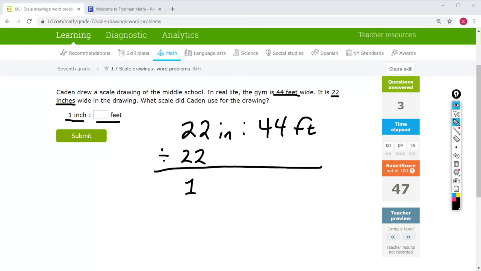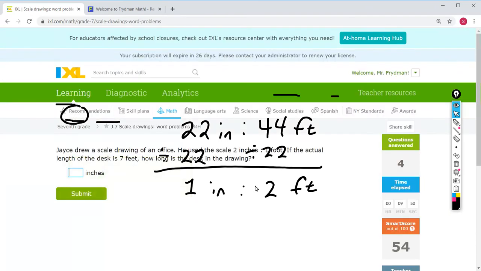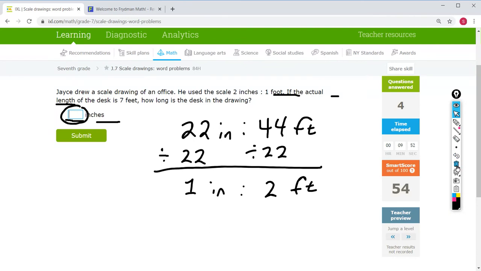So I get 1 inch over here, which is what I wanted, and I need to divide the right side by the same thing that I divided the left side by. So we have 44 divided by 22 is 2. So we get 2 feet on the right. So there's our answer. We'll put a 2 right over here. And that's that.